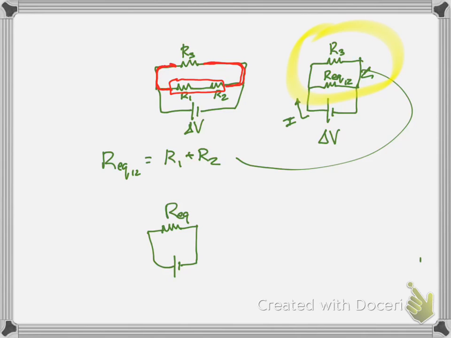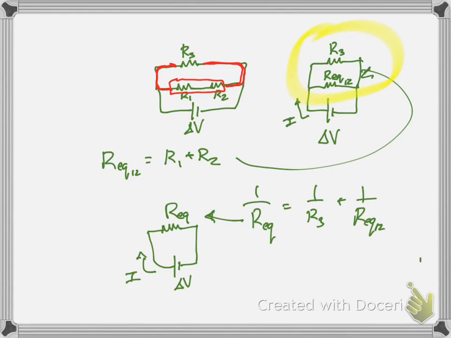These two are in parallel, so 1 over R equivalent is equal to 1 over R3 plus 1 over what we called R equivalent 1,2. And so that's the equivalent there, and that's what would allow us to determine the current from the power supply. And so then we could go backwards and figure out other things about the circuit.